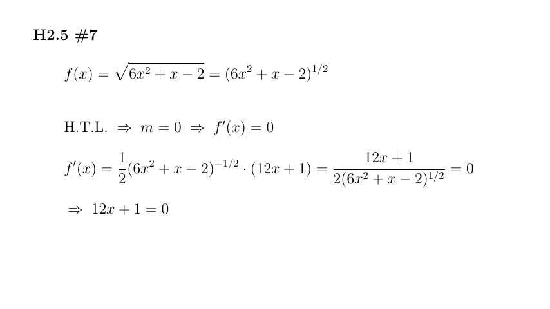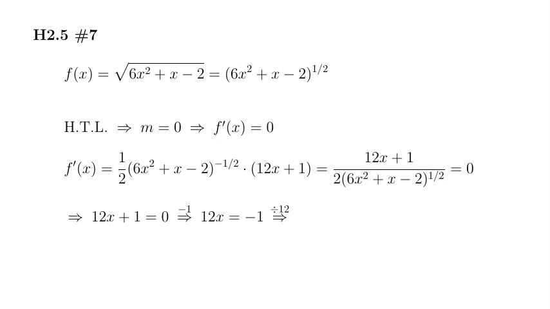First thing is I'm going to get rid of the positive 1 by subtracting 1 from both sides. So we're going to get 12x is equal to negative 1. And then we're going to divide through by 12.